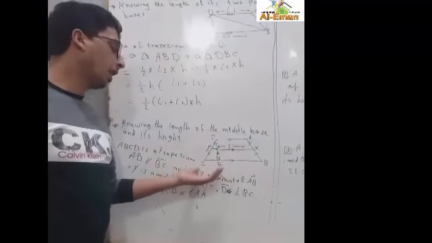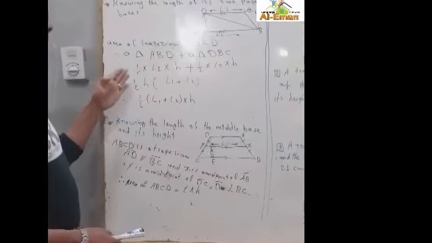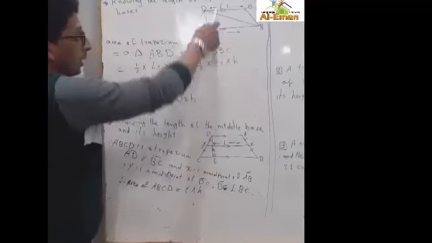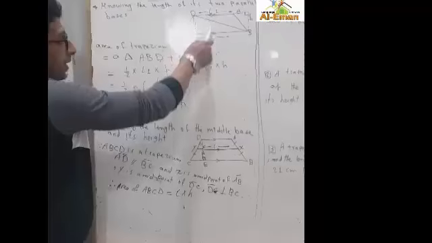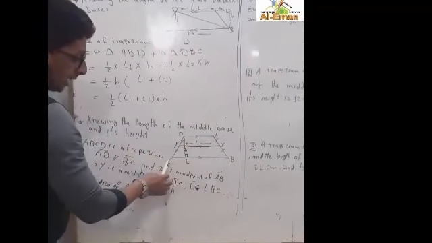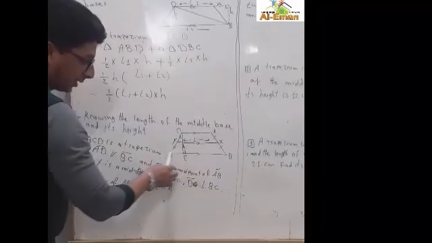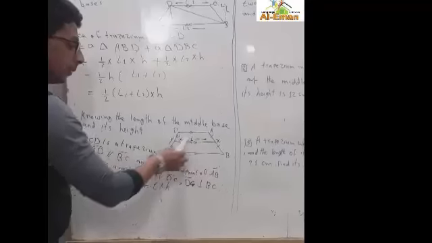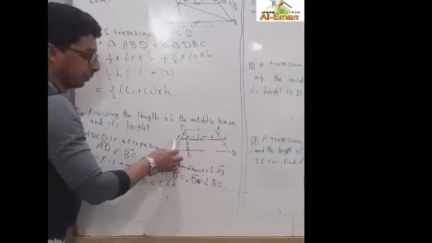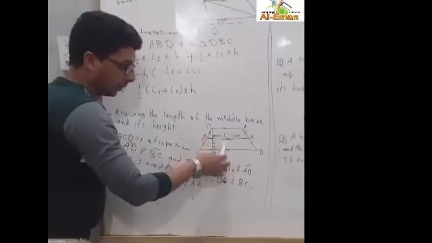And the area of the trapezium, as we said, is half times length 1 plus length 2, the two parallel bases. So AD plus BC equals double the length of XY, because the middle base XY equals half the sum of these bases.